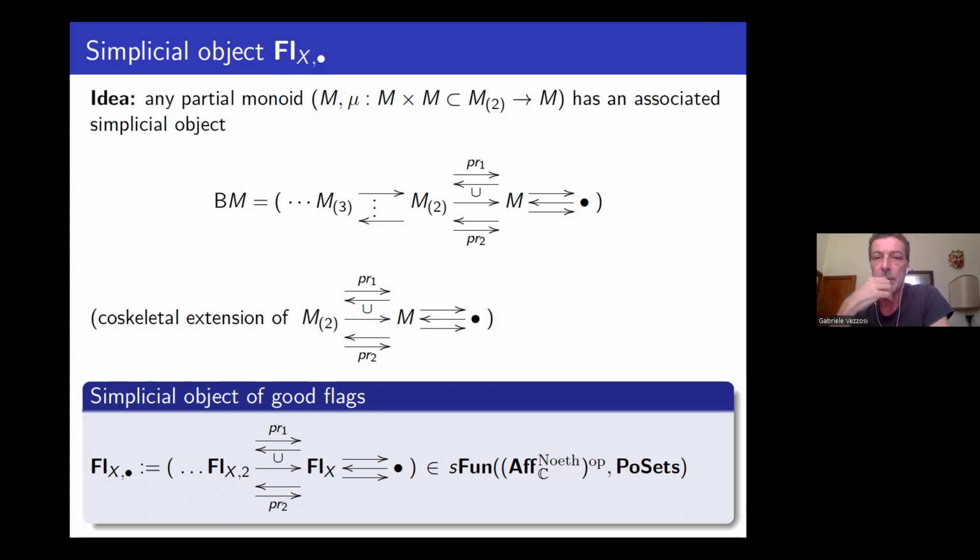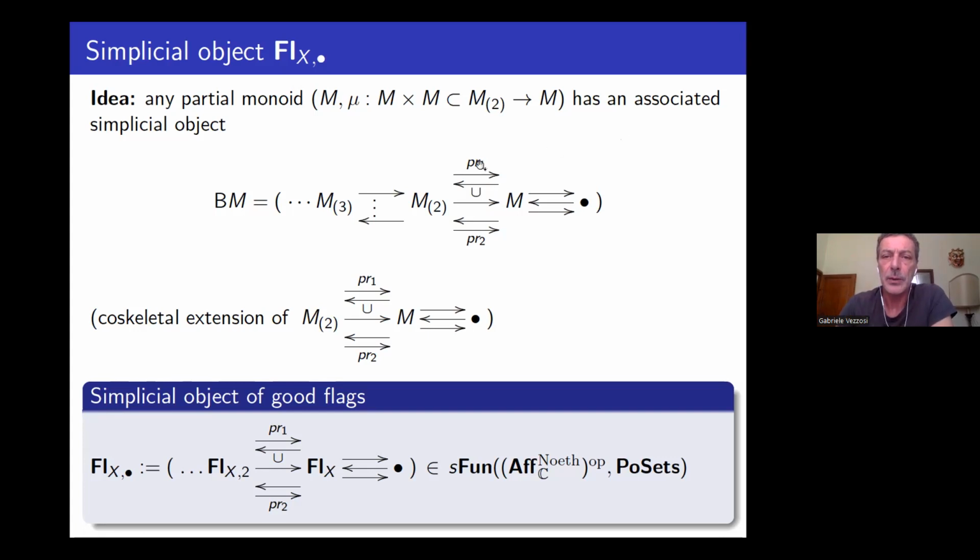For example, at level 0 we take the initial object, then we take M at level 1, and at level 2 we have this M2, which is the subset where mu is defined.